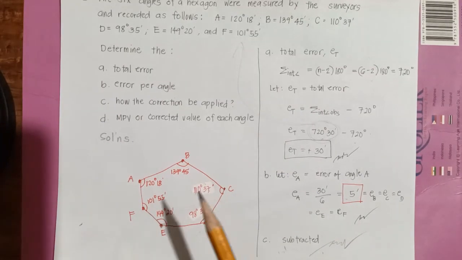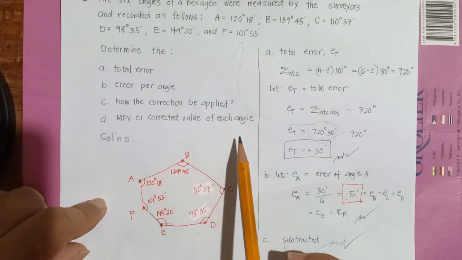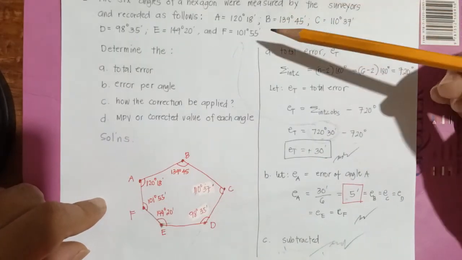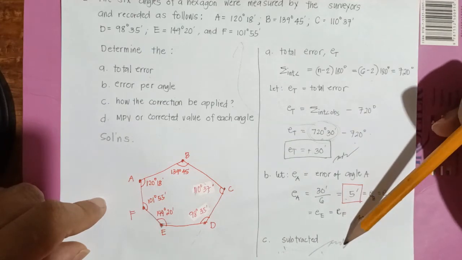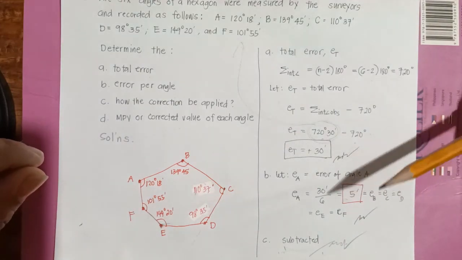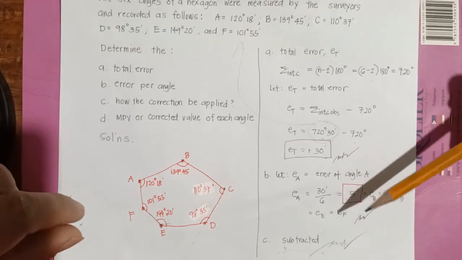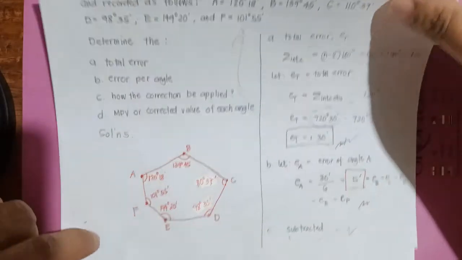Okay, so next question, letter D. What is the corrected value of each angle? So we have the observed values and we also have the correction, which is 5 minutes per angle. Meaning to say, you subtract 5 minutes from every angle.